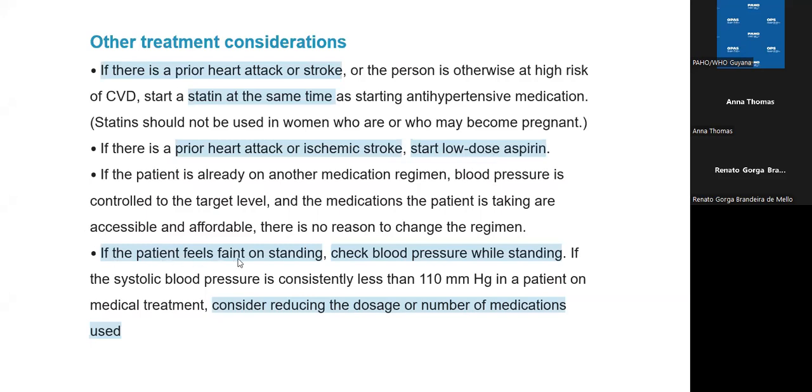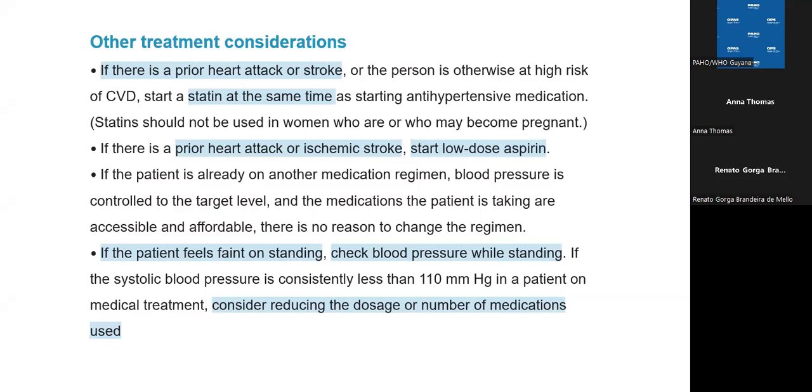If the patient feels faint on standing, check blood pressure while standing. Look for orthostatic hypotension. Consider reducing the dosage or number of medications used. If a patient is experiencing side effects, we have to act. We have to reduce those.